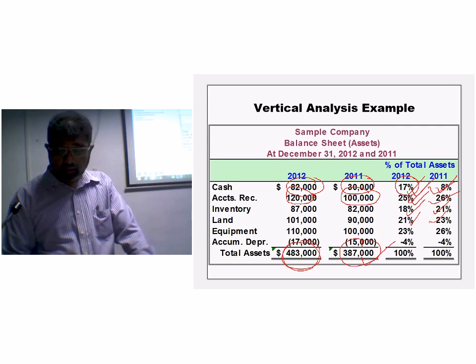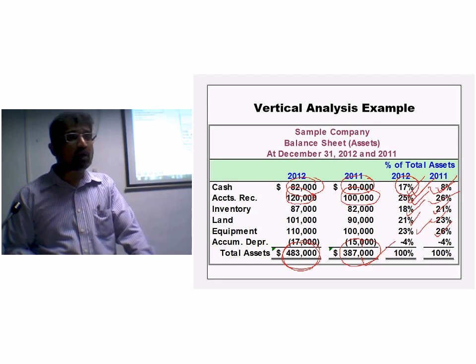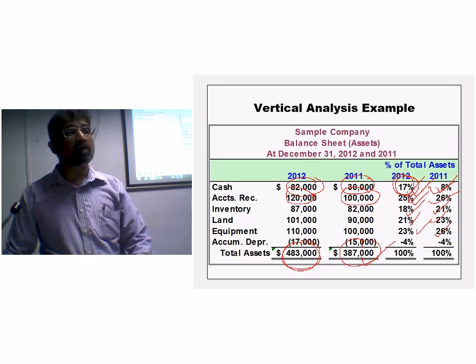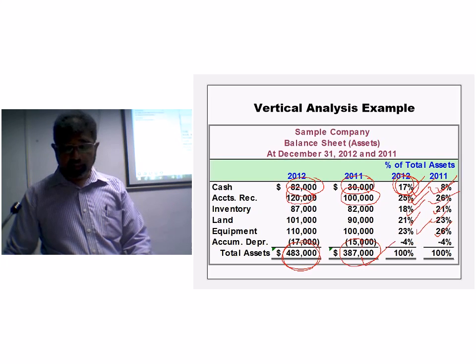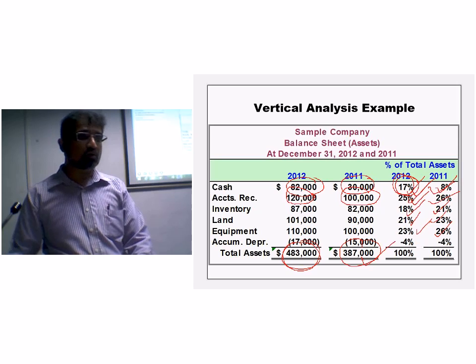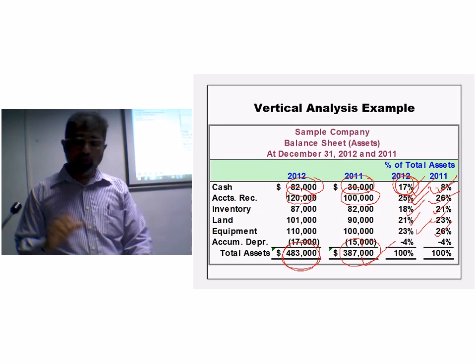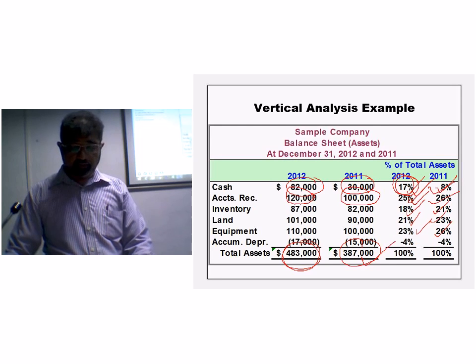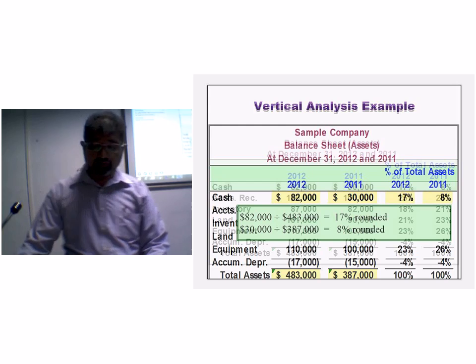Land, equipment, accumulated depreciation also the same. The only change here is cash. Then based on that we can interpret. After getting this, you have to interpret the results, not only the calculation. You have to identify the big differences and interpret those results. That is the main task under the common size financial statement.